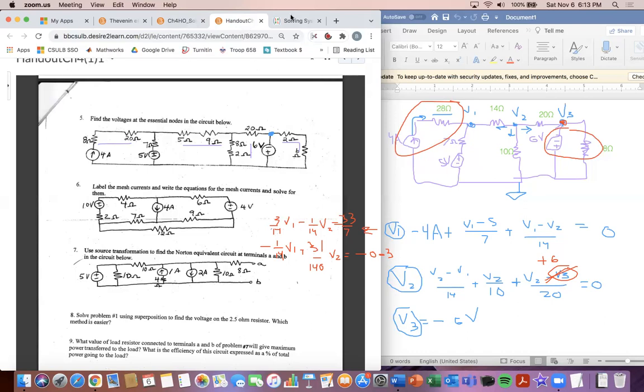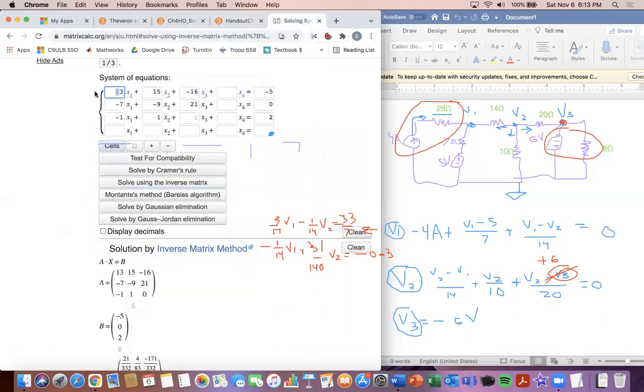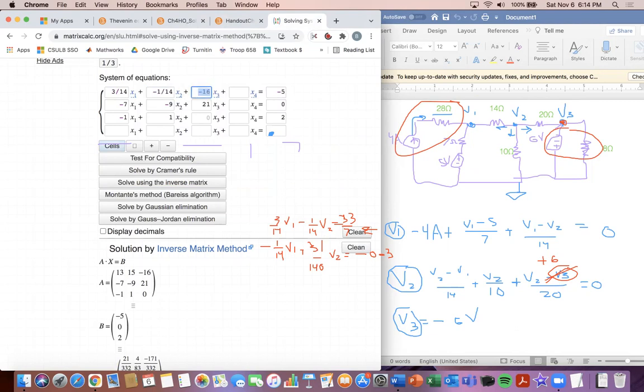When I go here to the solving systems, we'll get 3 divided by 14, and then here you'll get -1 divided by 14. Then we can delete this third term here, and it's equal to 33 divided by 7.